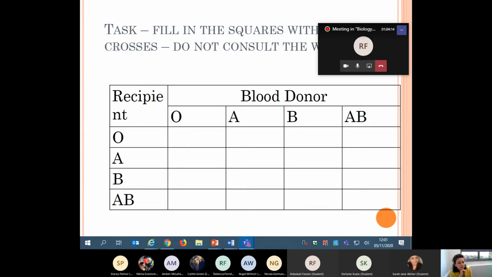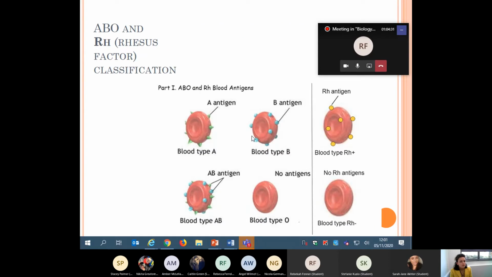If you have a donor with blood group A and a recipient with blood group O, am I allowed to do that? No. Why not? It's got the antibodies which O doesn't have. So let's think about it. We've got somebody who is blood group O, no antigens, and we are putting blood group A into them.